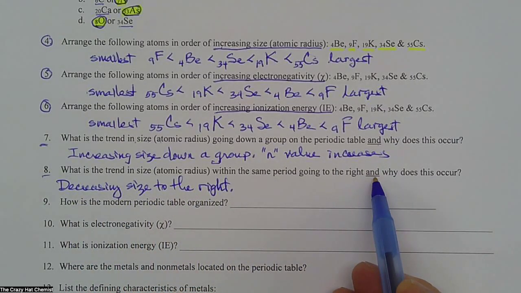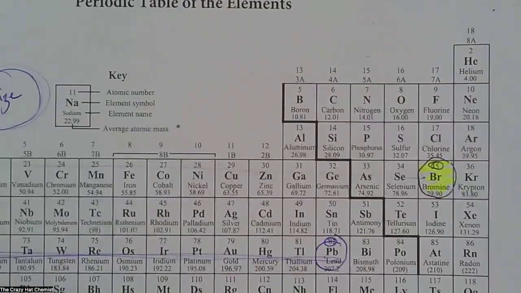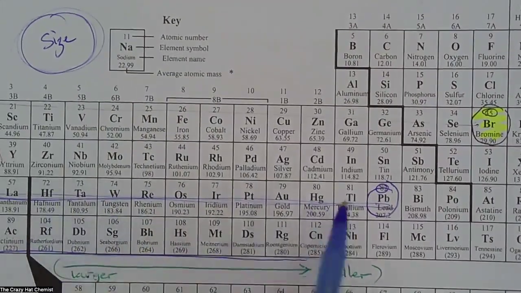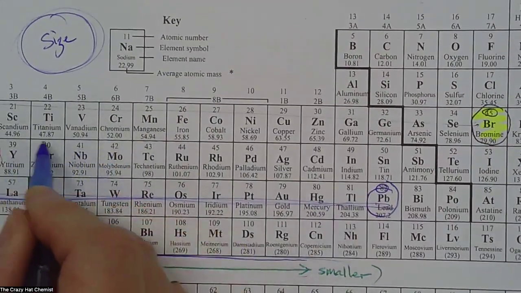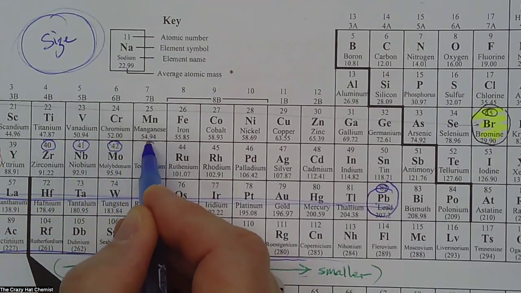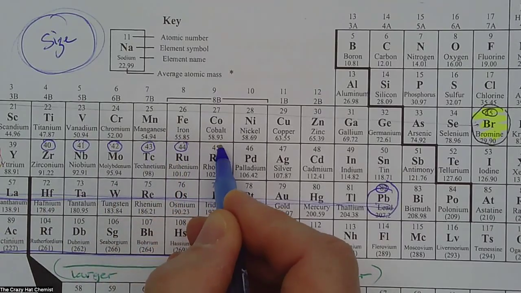And then the follow-up is, why does this occur? So the why is as follows. You get smaller and smaller as you go to the right. And here's why. As you go to the right, what's happening to the atomic number?